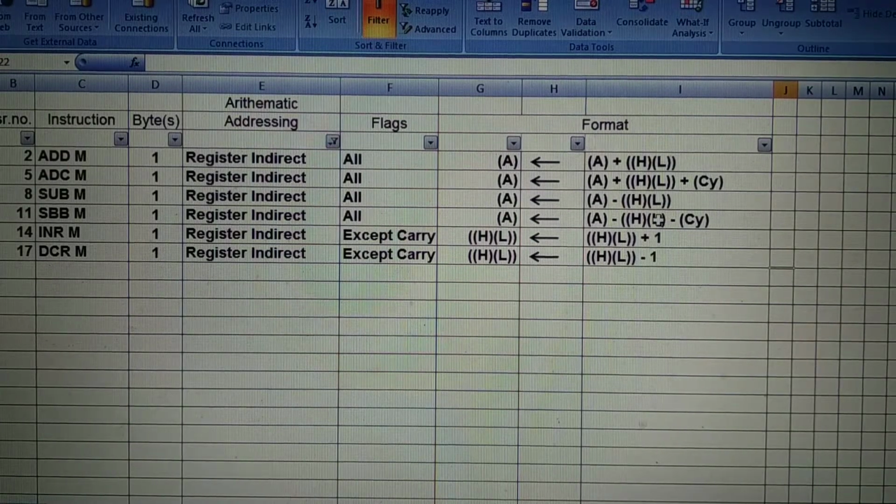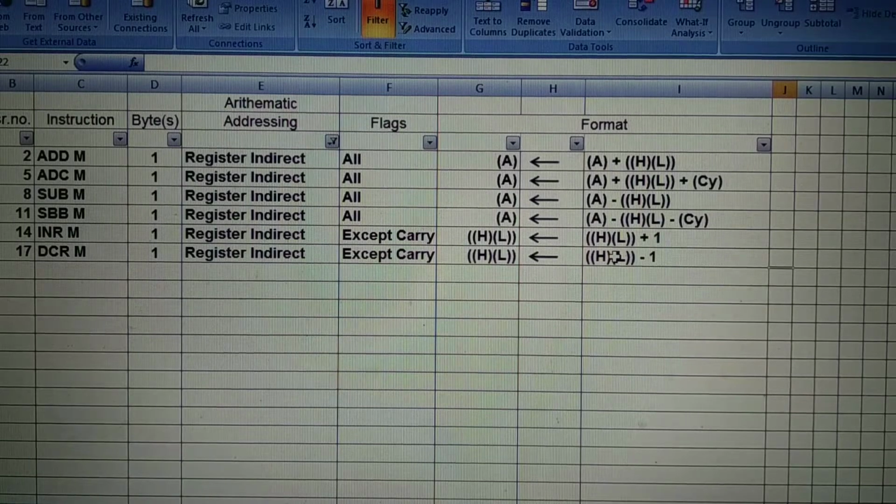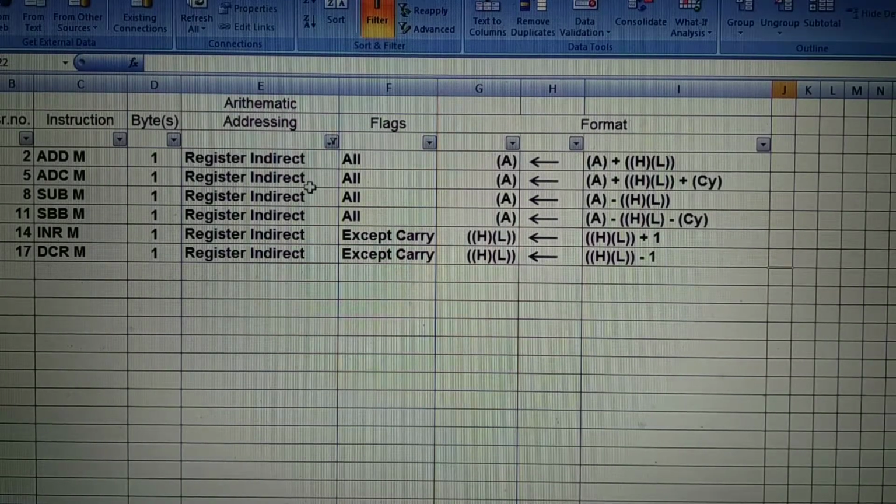SBB M, content of memory location along with carry subtracted from accumulator, result is stored in accumulator. INR M, content of memory location gets incremented by 1 and DCR M, content of memory location gets decremented by 1. All register indirect addressing mode instructions are of 1 byte.